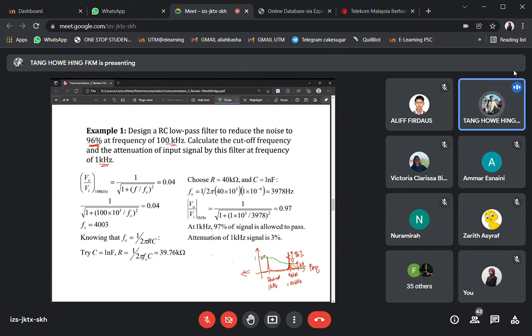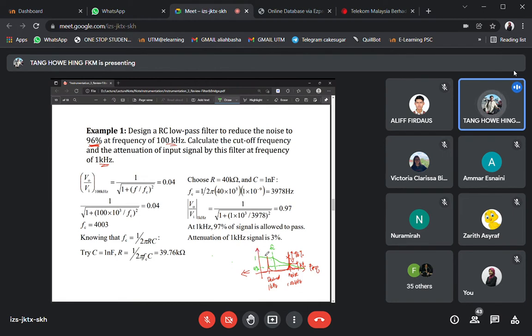Initially it is 1 or 100%, and then it is desired that in the question, when it is filtered at 100 kilohertz, the magnitude should be only 4%. Only 4% is allowed to go through, and when it is below the cutoff frequency, it is desired that 100% goes through.